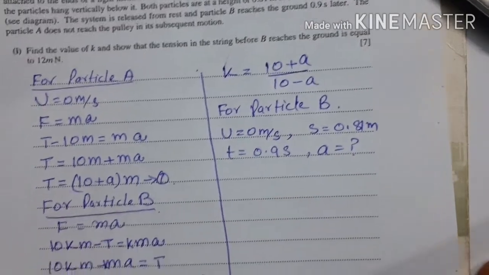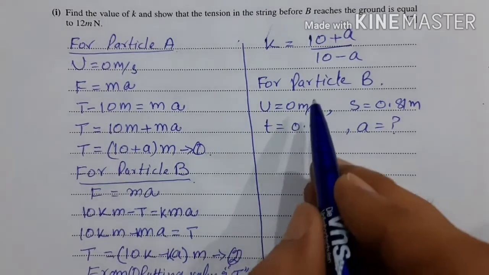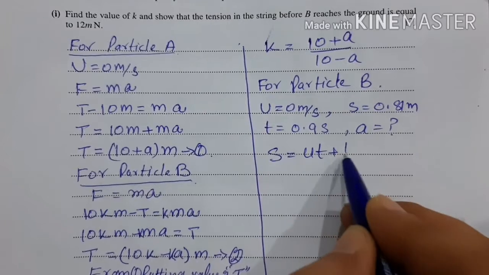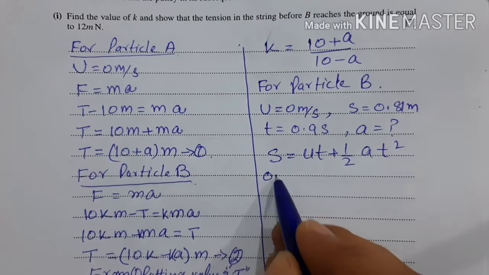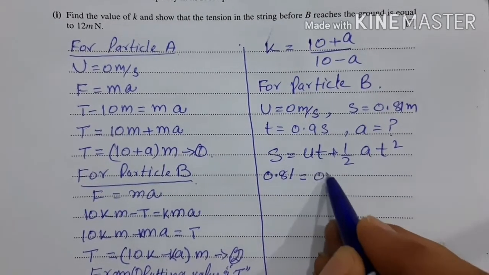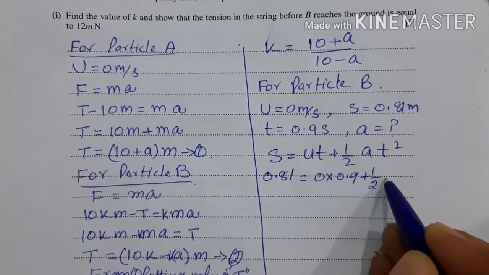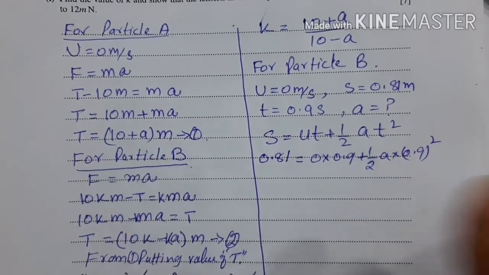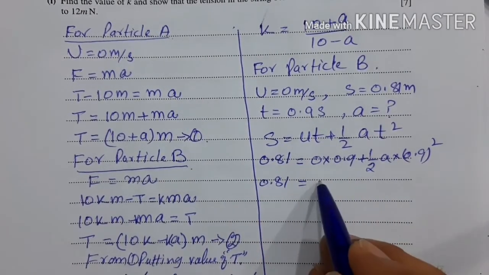So if I look closely, I can use the second equation of motion: s is equal to ut plus half at squared. So s is 0.81 is equal to u, which is 0, into t 0.9 plus 1 by 2 a into 0.9 squared. So this whole thing will be 0.